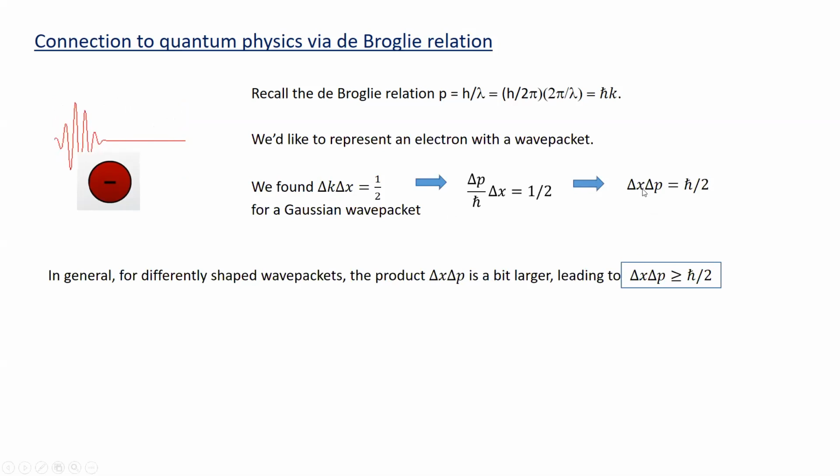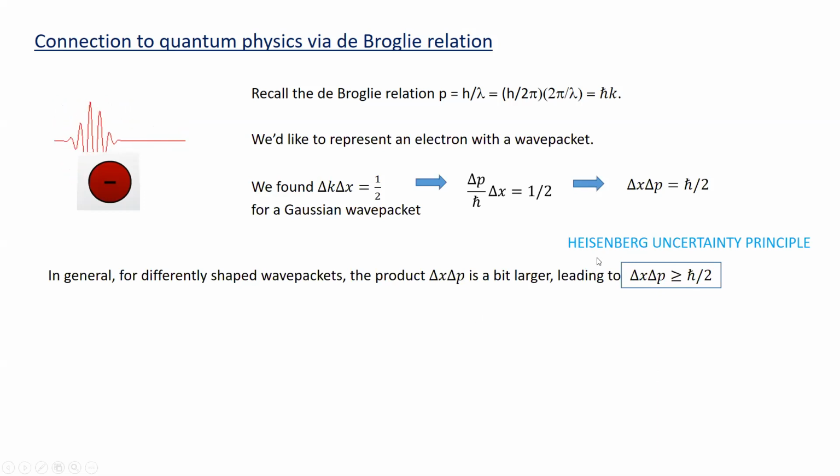So that leads us to say that delta x delta p is at minimum h bar over 2. That's realized by the Gaussian wave packet. And in general, it's greater than or equal to h bar over 2. And that, my friends, is the Heisenberg uncertainty principle.